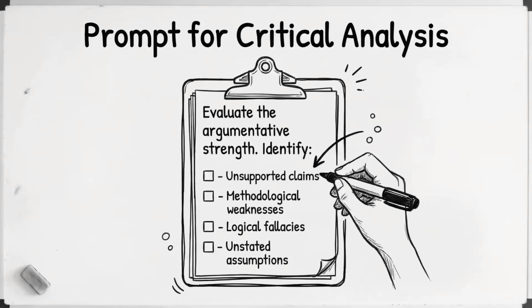You can write: please identify unsupported claims, methodological weaknesses, logical fallacies, or unstated assumptions, or maybe other things like claims without evidence. Sometimes in a paper we see many claims, but we don't see evidence. Or maybe hanging evidence: there's evidence 1, 2, 3, 4, but so what? We don't know. But a lot of papers do it. So AI, NotebookLM especially, can help with this.